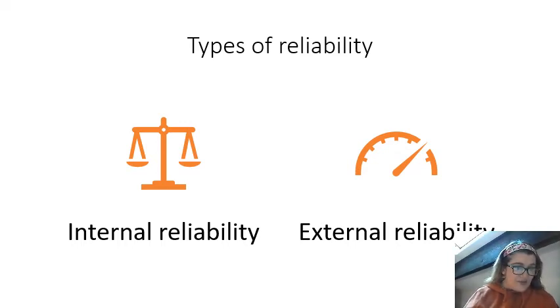For example, an aggression questionnaire should be constantly measuring aggression throughout the questions asked. So if you're doing an experiment on conformity to a minority, your methods should be constantly measuring that, nothing else. So that is what internal reliability is.